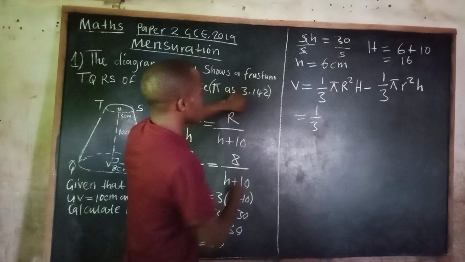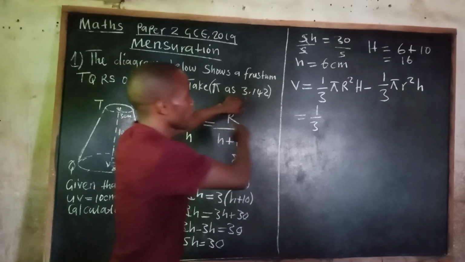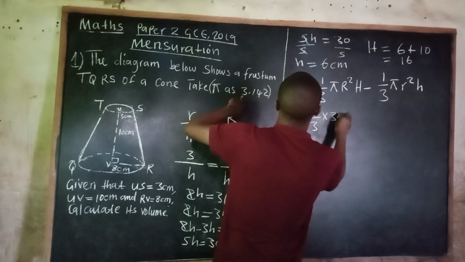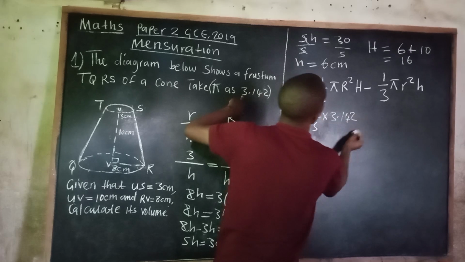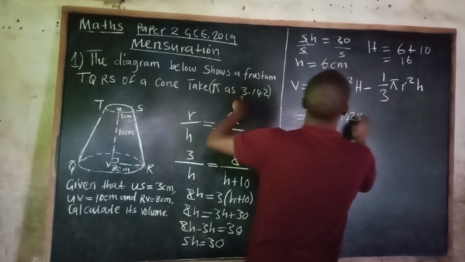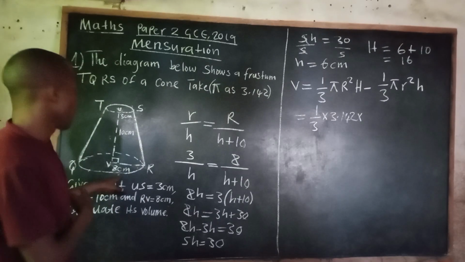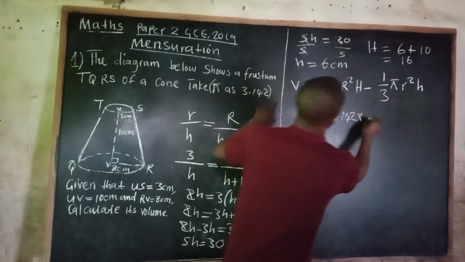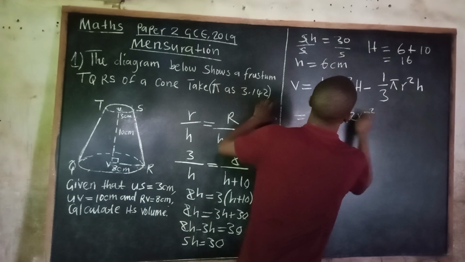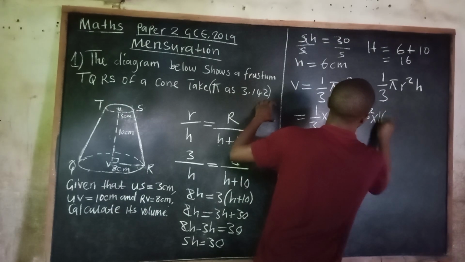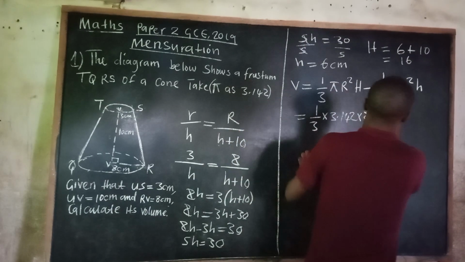We are instructed to take pi as 3.142, times the big radius, which is 8, so 8 squared, then the big h times 16. Then minus.